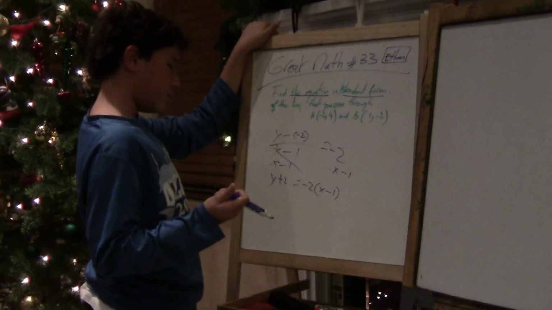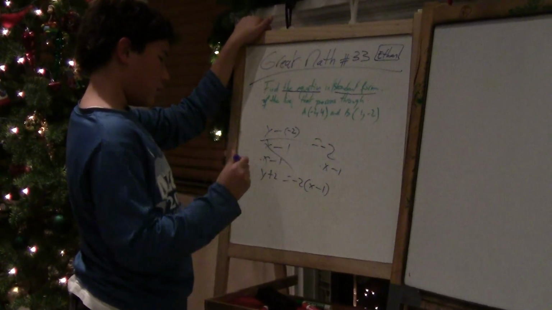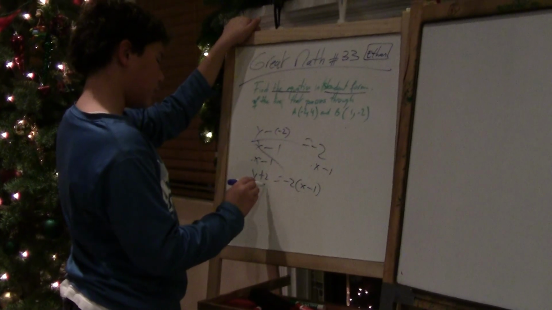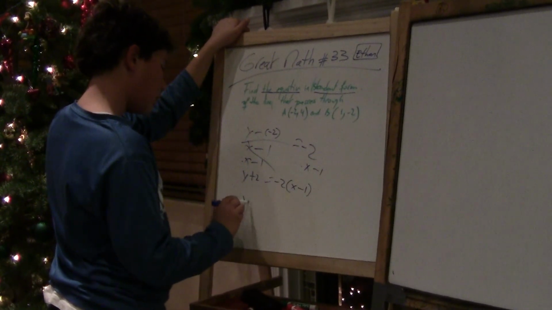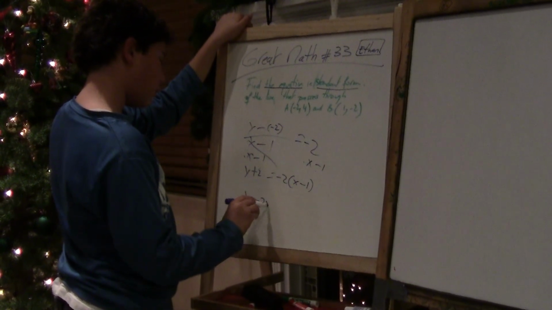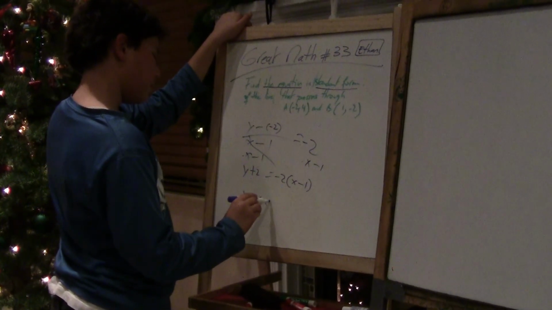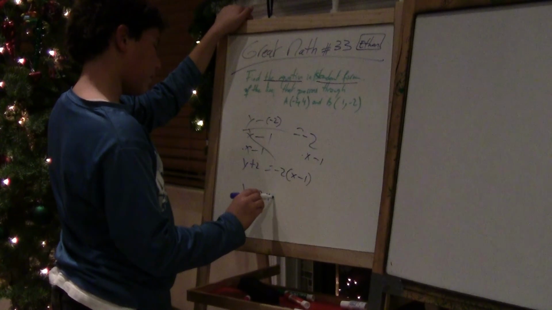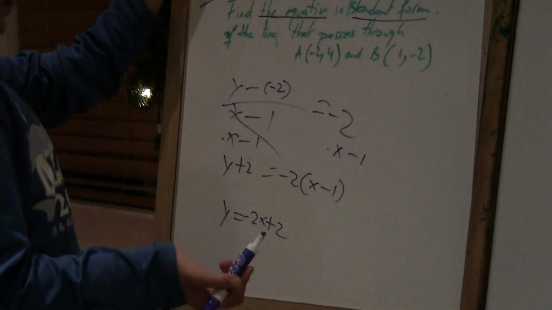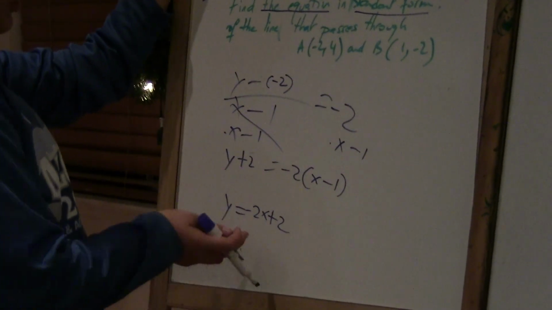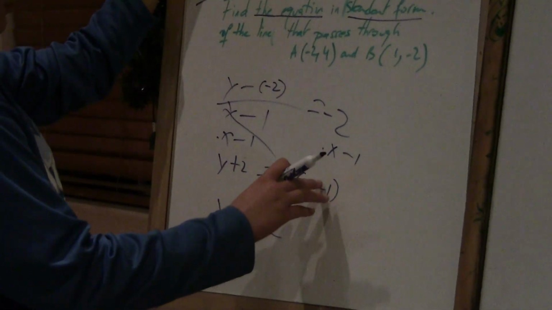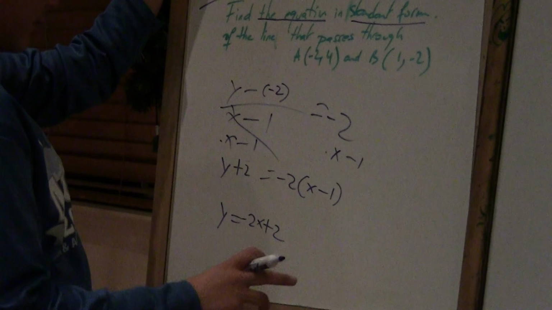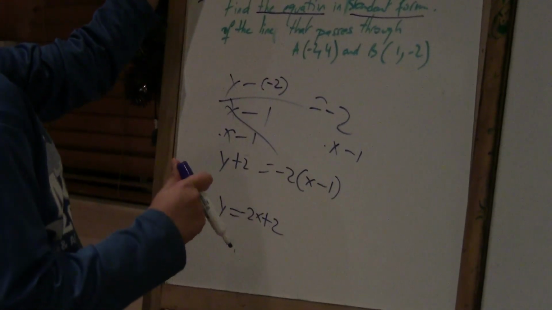Almost finished there. So first we use the distributive property on both sides. Y equals negative 2x plus 2, because negative 2 multiplied by negative 1, the opposite sign is still there.